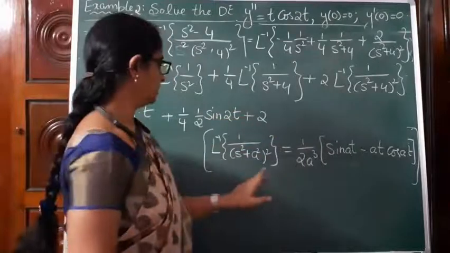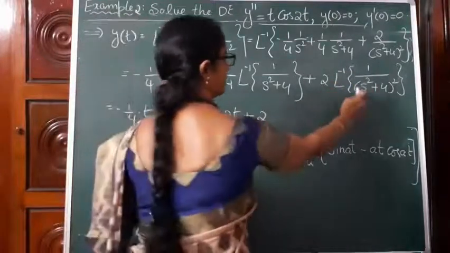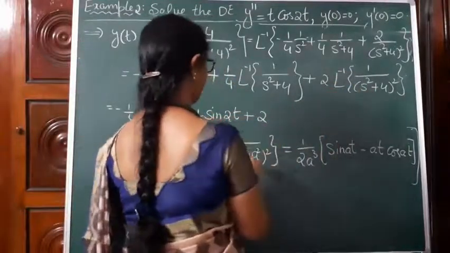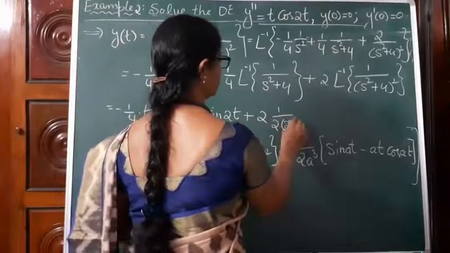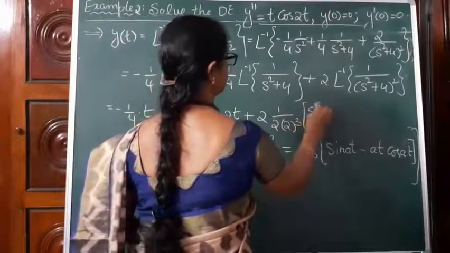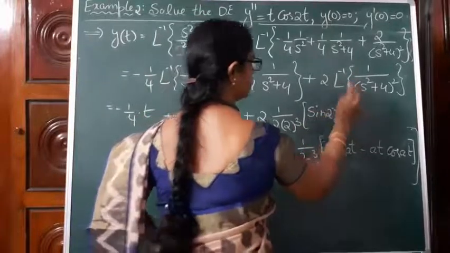This is L inverse of 1/(s² + a²)². a is 2 here, therefore this is 1/(2·2³) (sin 2t − 2t cos 2t).